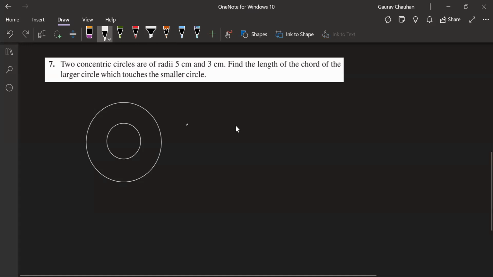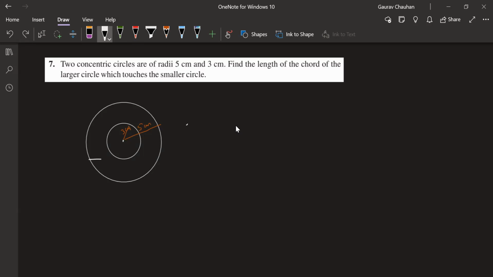The radius of the smaller one is 3 centimeter, and the bigger one is 5 centimeter. They're saying find the length of the chord of the larger circle which touches the smaller circle. It's very similar to one of the questions we have done earlier, I think it was example 1, you remember? Only there we were proving something. Here we have essentially the same diagram. So there is a chord here.